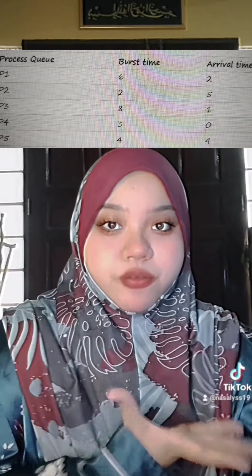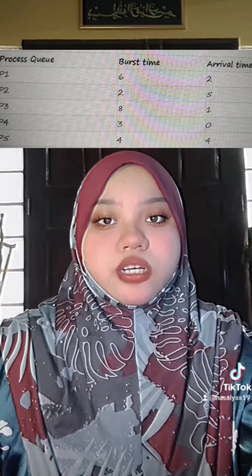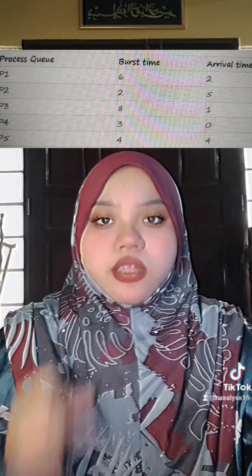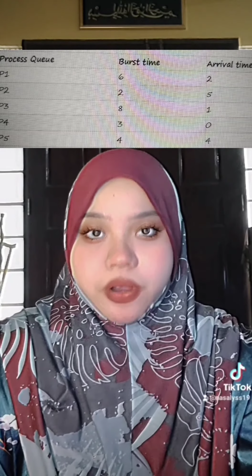Next, at time 3, process P4 finishes execution. The burst times of P3 and P1 are compared. Process P1 is executed because its burst time is lower. So at time 4, process P5 arrives. The burst times of P3, P5, and P1 are compared.